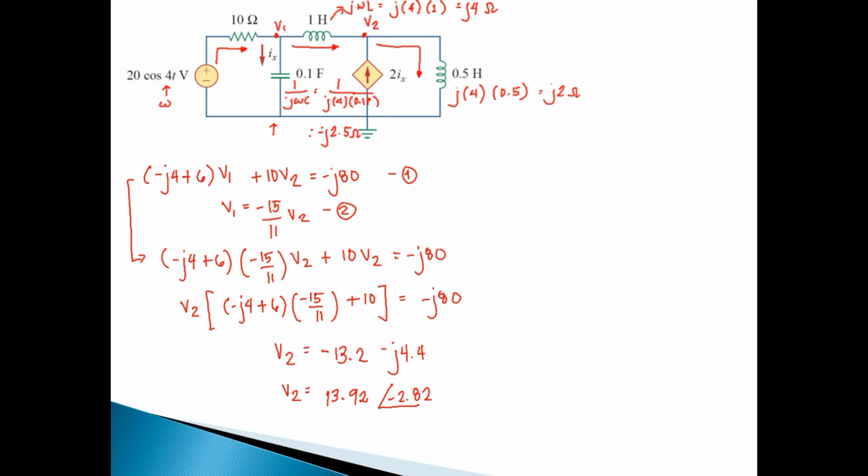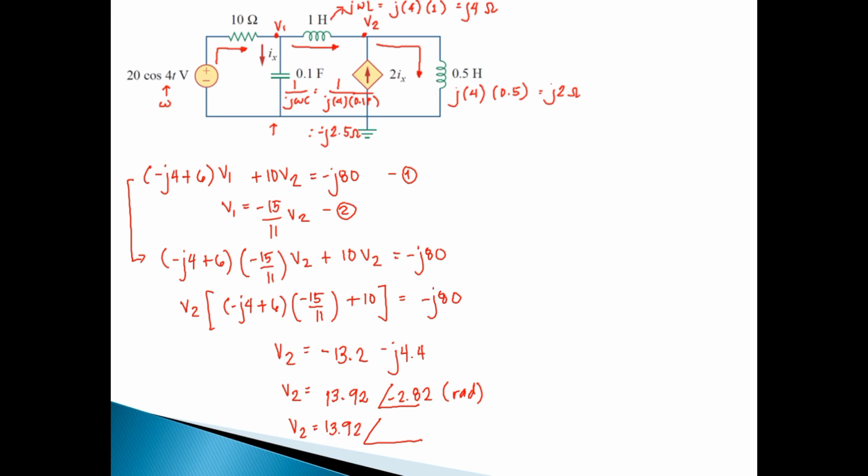Let's check if this is in degrees. So this is in radian, but we need to get the answer in degrees.